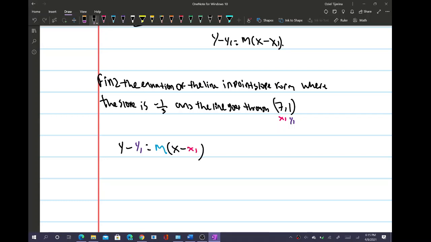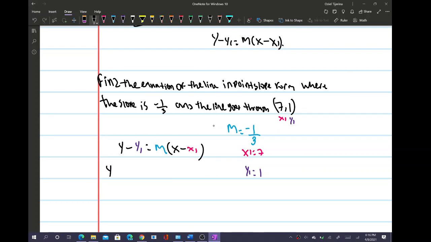And your slope is negative 1/3, so that means m equals negative 1/3. Your point is (7, 1), so x1 equals 7, and y1 equals 1, right?